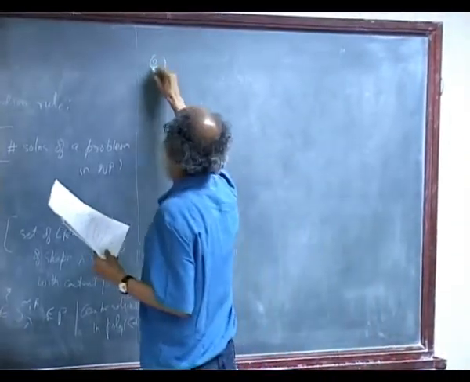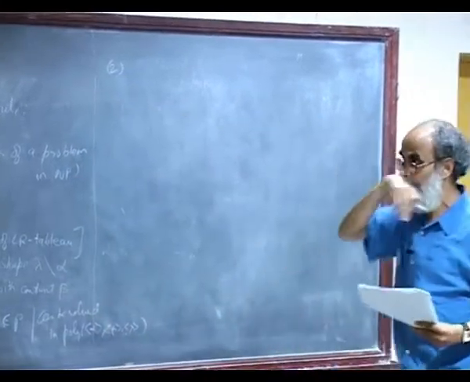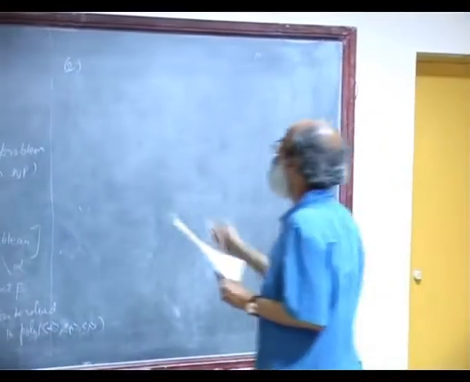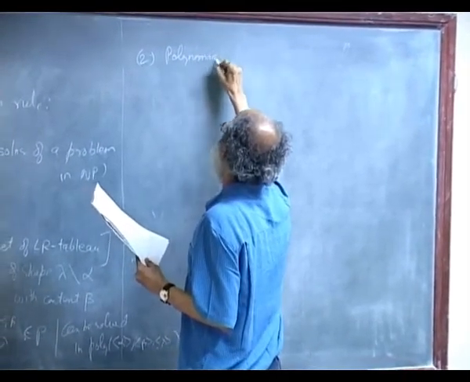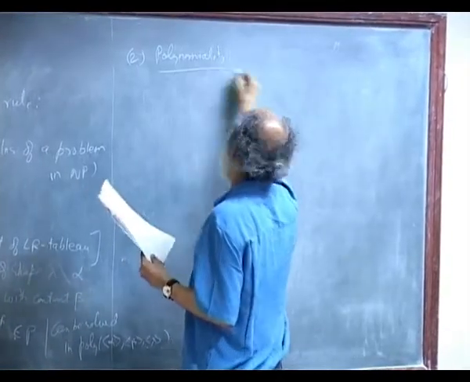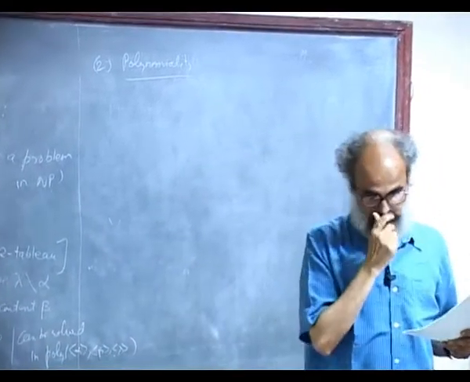So we need some additional properties so that this problem can be solved. So the second property is what is called polynomiality.